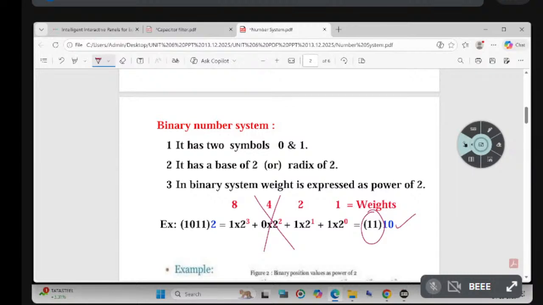In a binary system, weight is expressed as power of 2. What are the weights? 1, 2, 4, 8. Power of 2. Example.